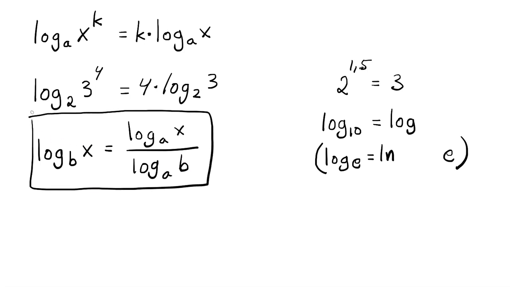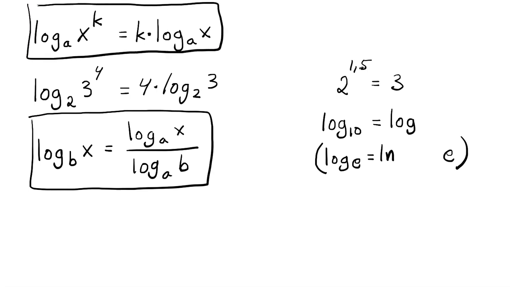So here's another rule. If I take the b logarithm of a number, then I can change it to an a logarithm, but then I have to use this formula.